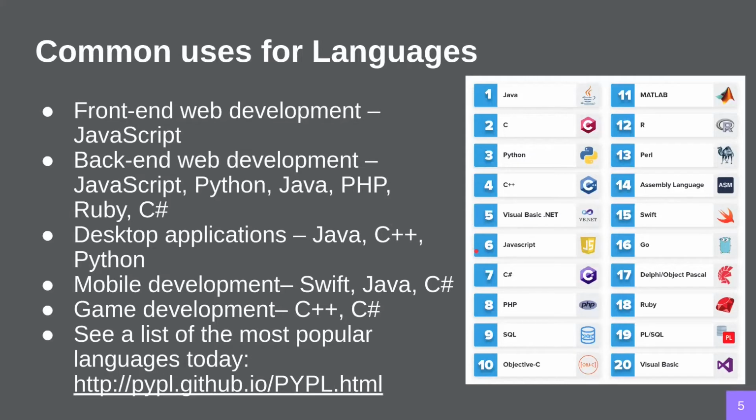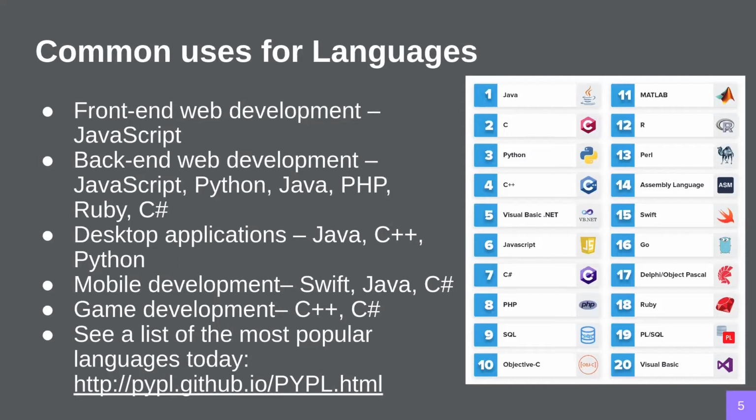Then we have JavaScript. Then we have other more specialist languages, SQL, Ruby, Go, Perl, R, things that are more specific. The language that we're going to learn in this course is going to be Python. The good thing about Python is that it's understood to be very easy to learn.